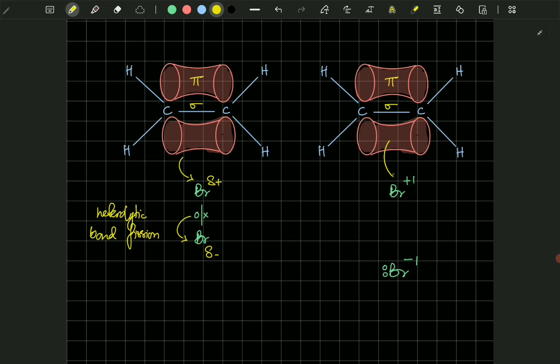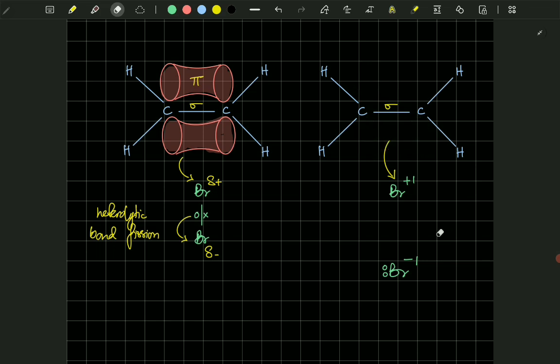Now what this positive bromine is going to do, because it's now fully positive, is very strongly attract the electrons in the pi bond. So the pi bond is going to vanish, because all the electrons over here are going to be taken up by this bromine, which will no longer be +1. It's no longer electron deficient, and it's going to bond with one of the carbon atoms.